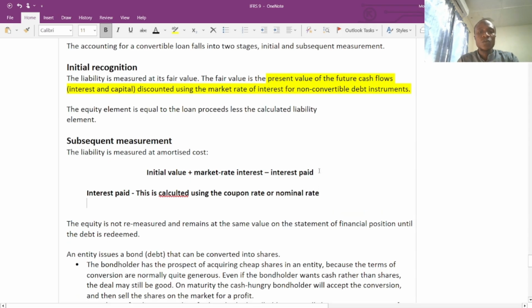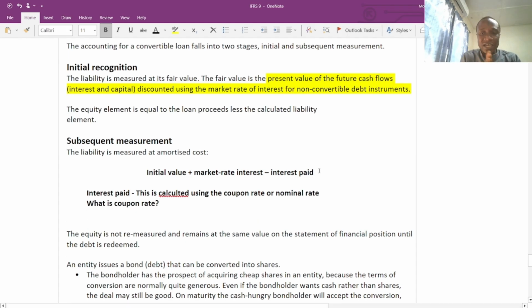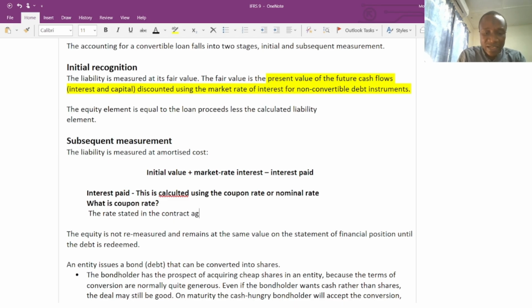So now, what is coupon rate? Very important concept. You need to know what is coupon rate. When we are talking about coupon rate, it has two features. It is the rate stated in the contract, so this is the contract rate, the rate stated in the contract agreement. This is the rate. Very important.